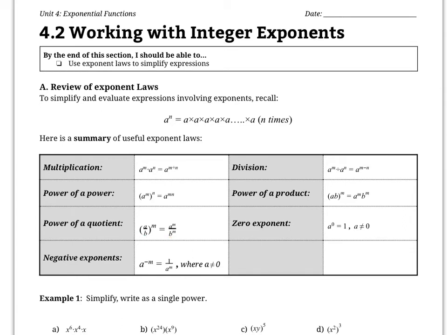And last but not least, we know that when we're dealing with negative exponents, this means that we're just going to rewrite our base as its reciprocal, and raise to the power of m, which is going to be the positive version of our original exponent.